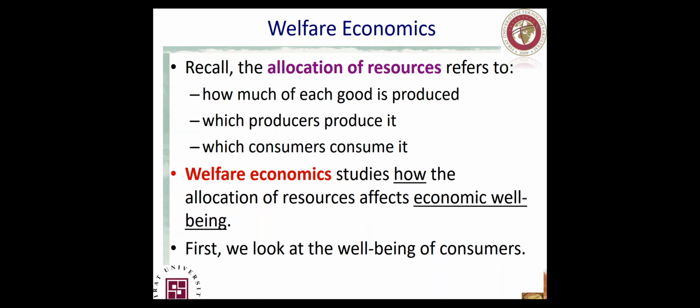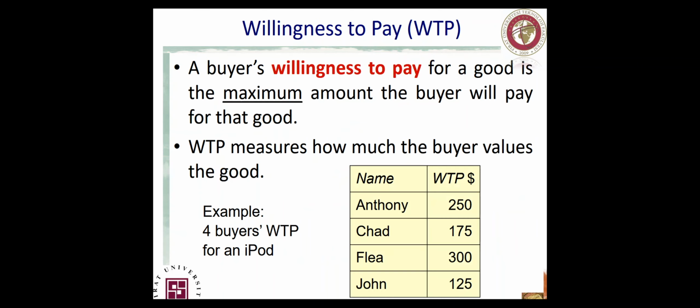So we think about whether our economy is efficient, and whether the allocation of the resources is efficient. We need to look into this based on the well-being of consumers and the well-being of producers. Then after that, we have the overall view based on both of them.